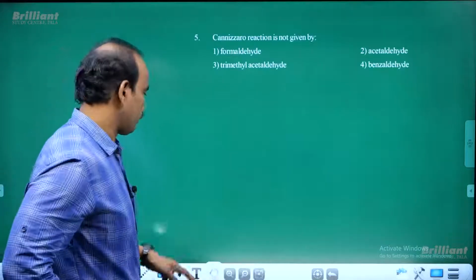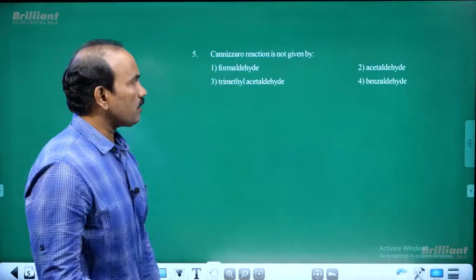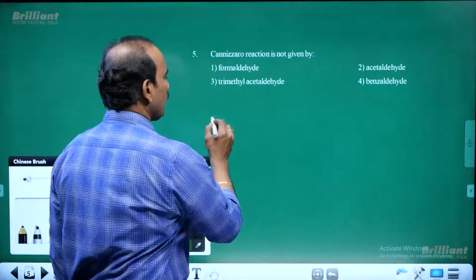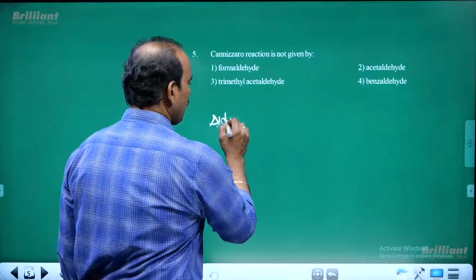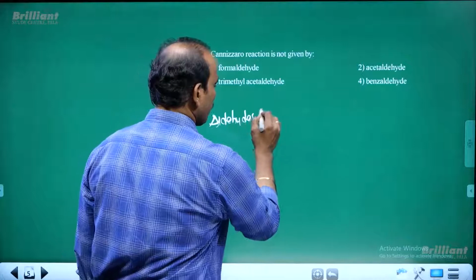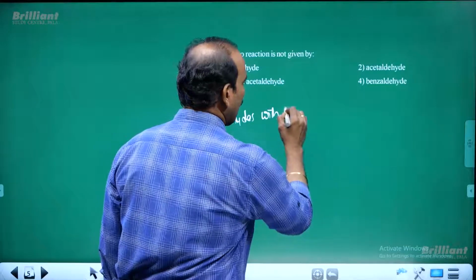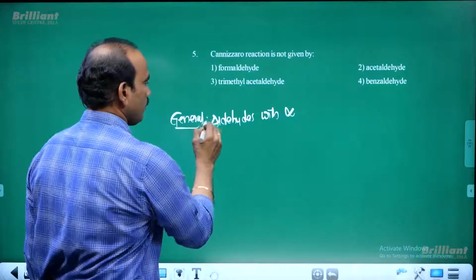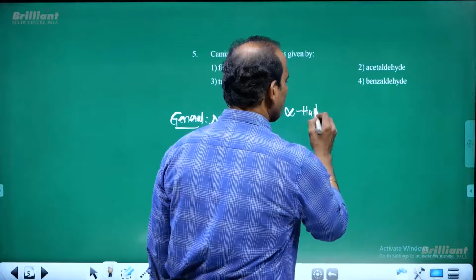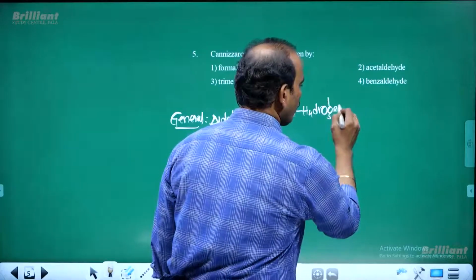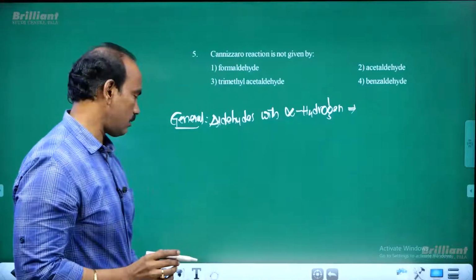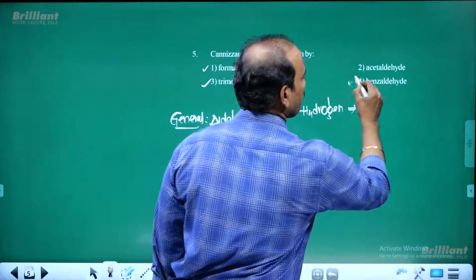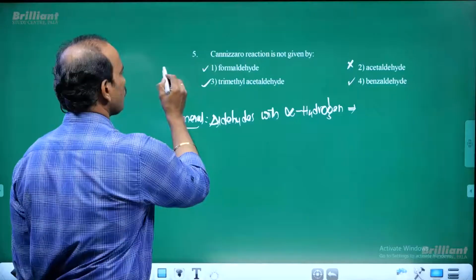Next one. Cannizzaro reaction is not given by which one? Generally, aldehydes without alpha hydrogen are involved in the Cannizzaro reaction, that is the general case. So this is positive, this is positive, this is positive, this is negative. The answer is 2.